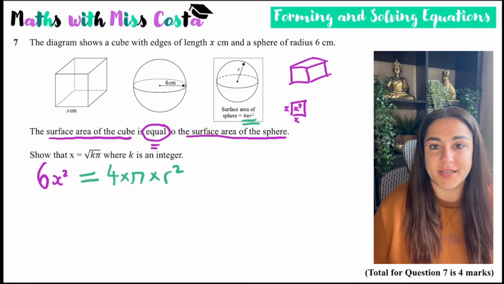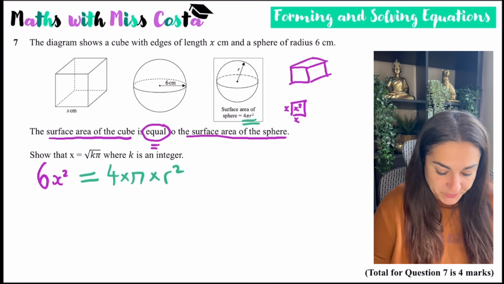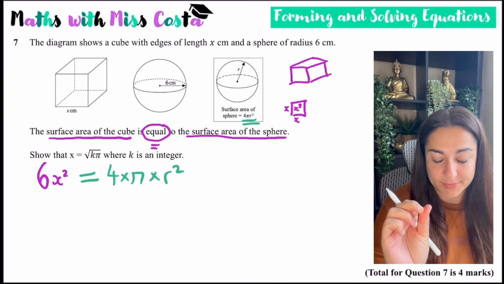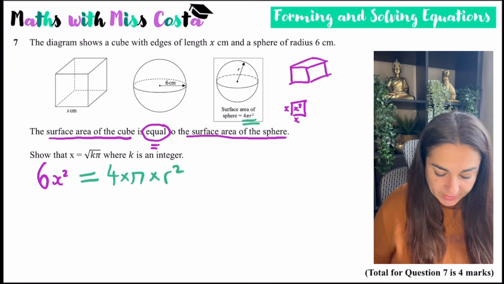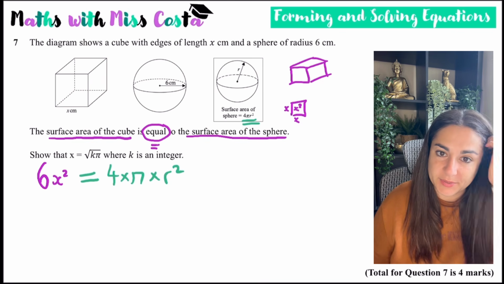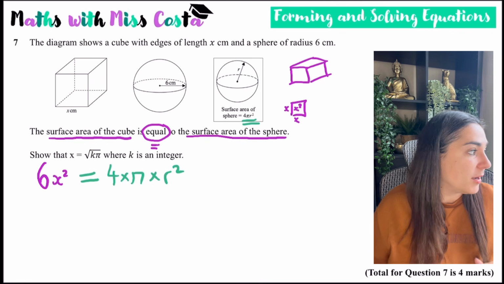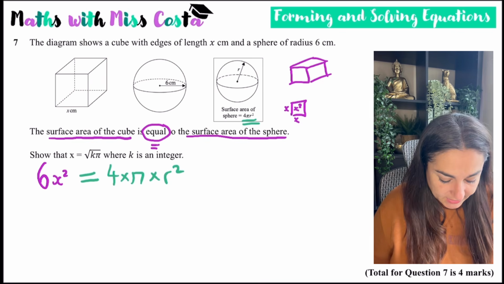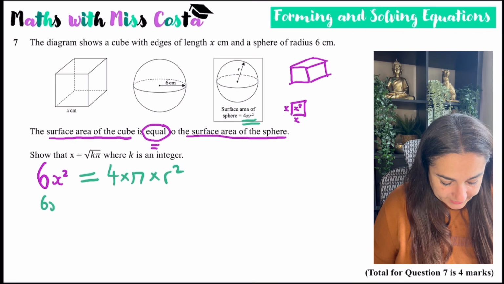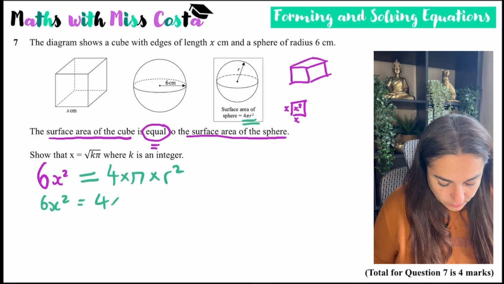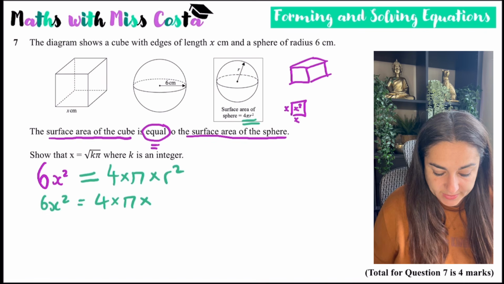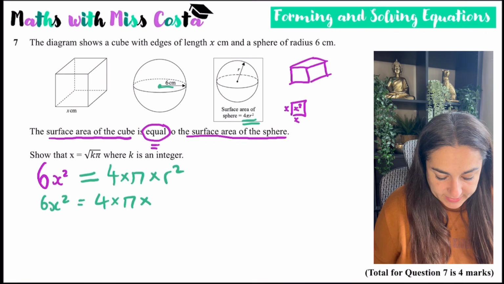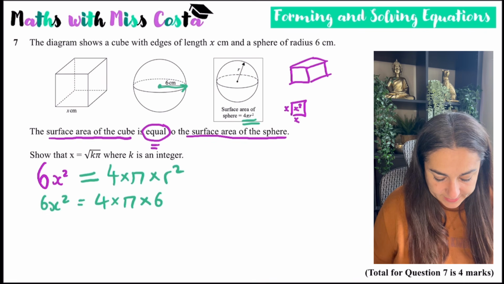We don't write the multiplication sign, it's just implied. So we can split it apart just while I'm substituting the values in, because sometimes that makes it easier for some people. So I know that 6x squared must be equal to 4 times pi times the radius squared, and the radius of this sphere is 6 centimeters.